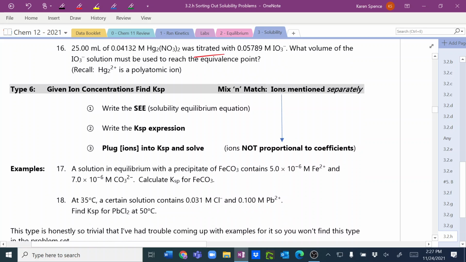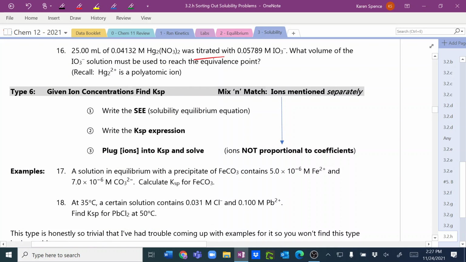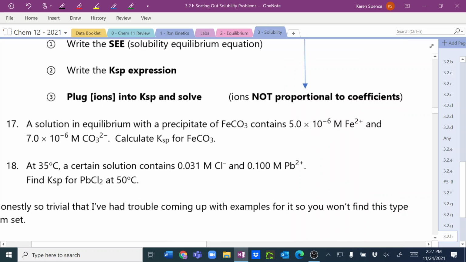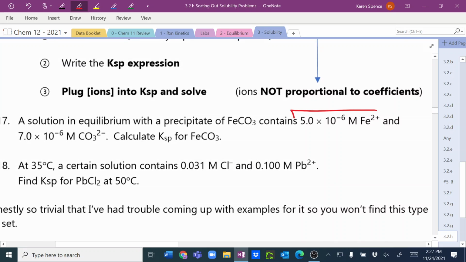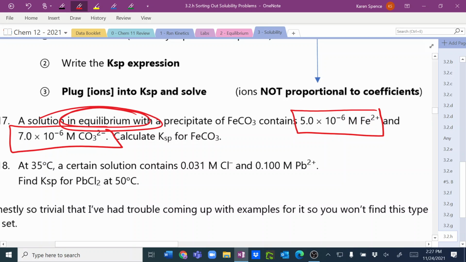The last type, we didn't even bother learning this because it's so straightforward. If I give you an ion concentration and another ion concentration, and I say that it is at equilibrium, could you find KSP?